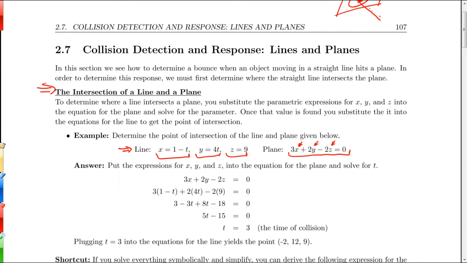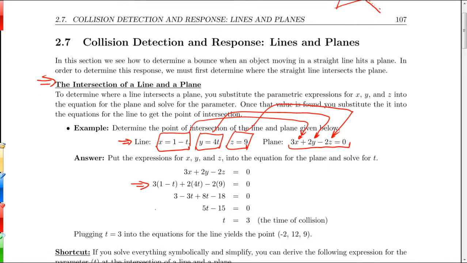So all I need to do is take my expression for x and put it in here, my expression for y, put it in there, my expression for z, put it in there. And that's what I've done in this second equation. And so now I just want to solve for t. Whenever I solve for that, that'll give me the time of intersection, not really the point, but the time with respect to moving along this line.